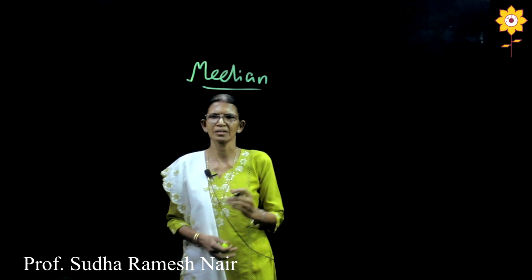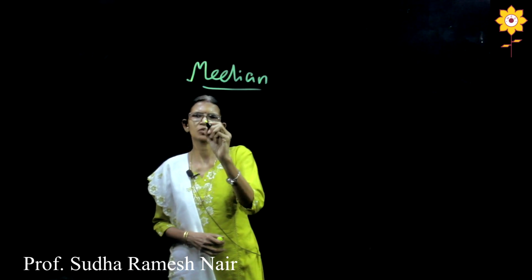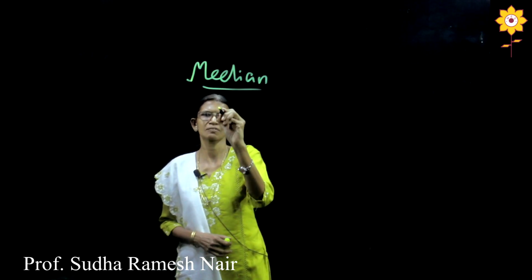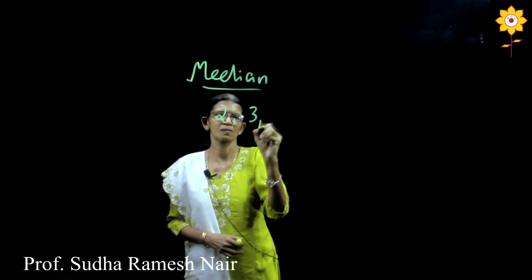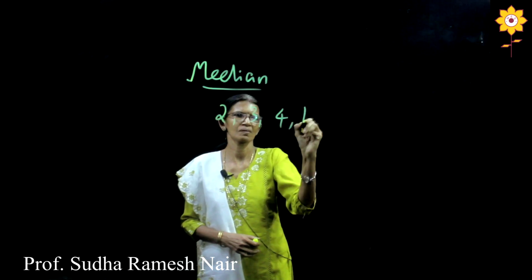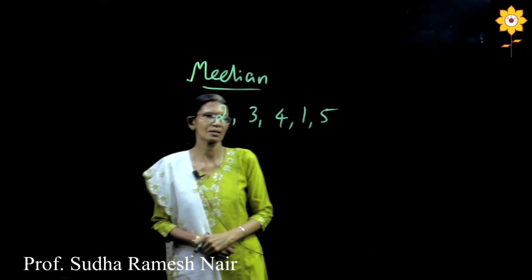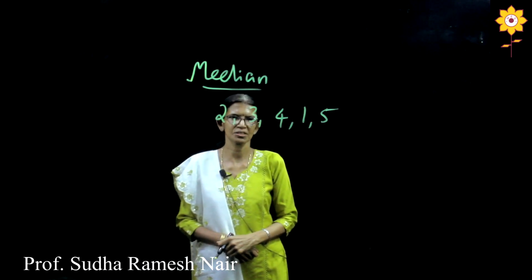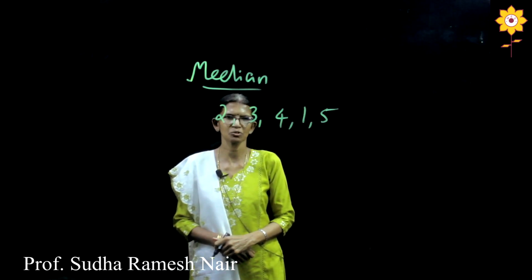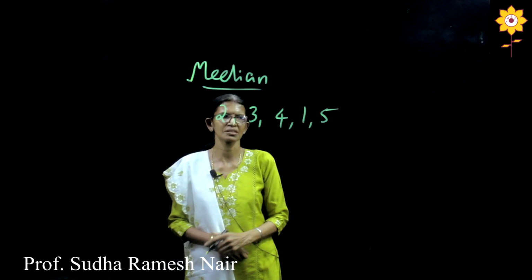For ungrouped data, we can use this method. For example, if the data is given like this, now there are 5 observations. Then first we have to arrange these observations in ascending or descending order.